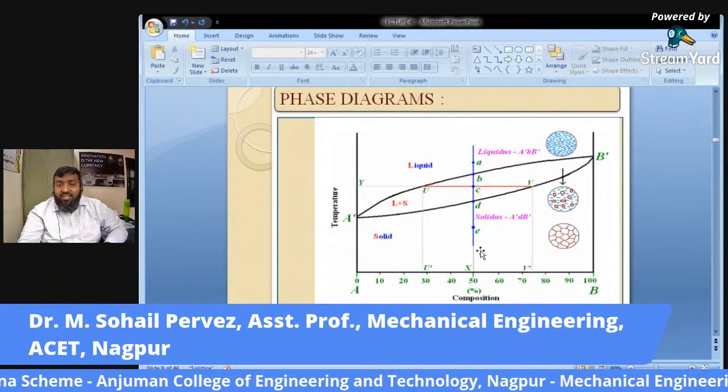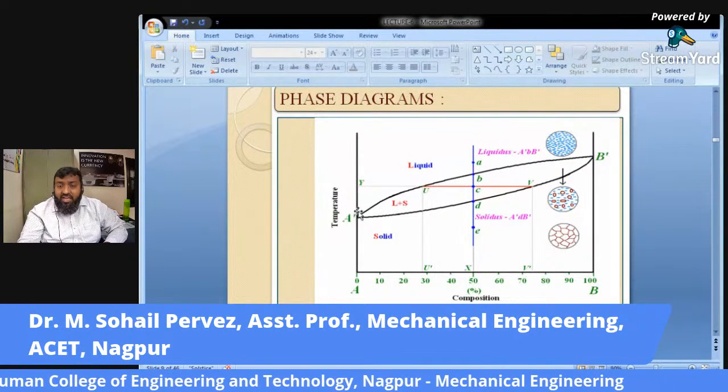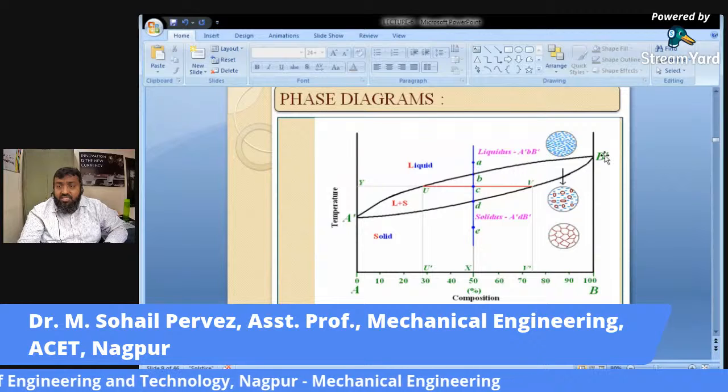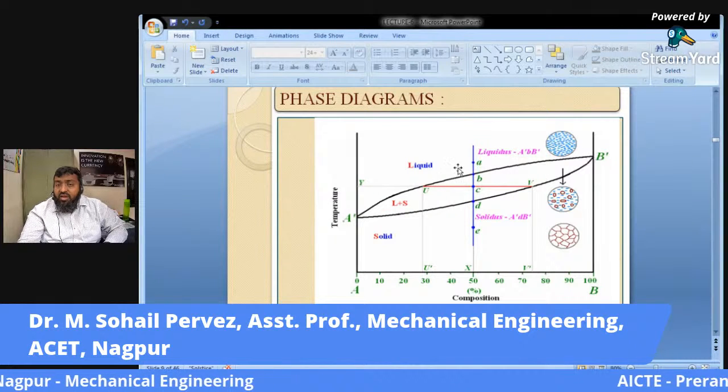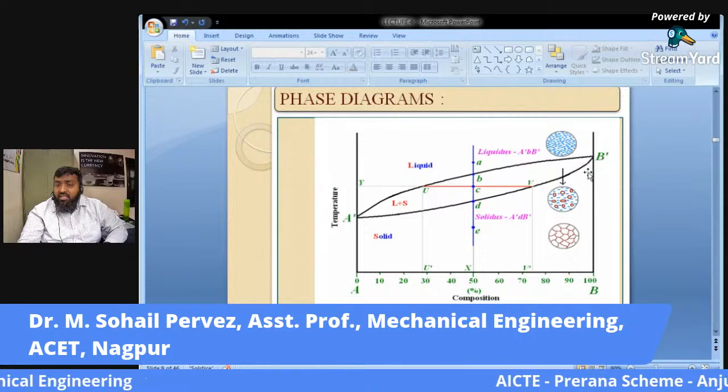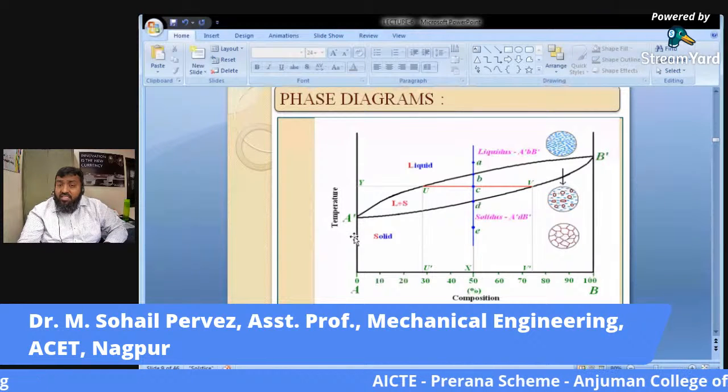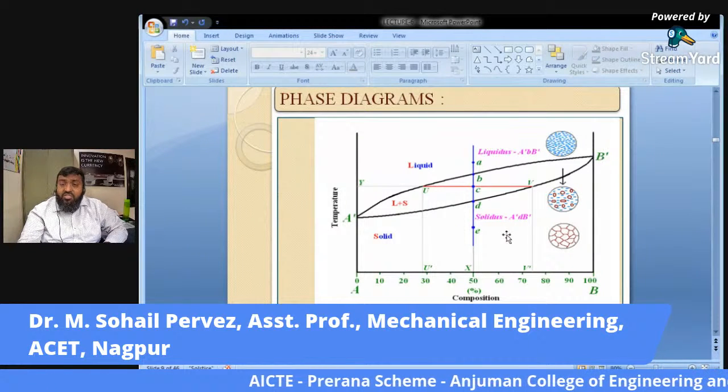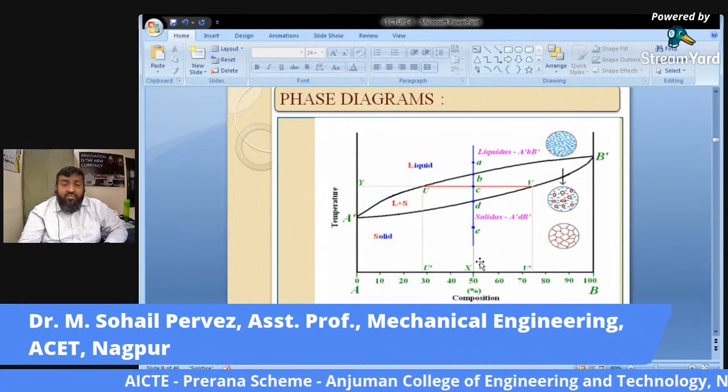In that case, this line A'B' is also known as the liquidus curve, and the second one, A'DB', is known as the solidus line or solidus curve.